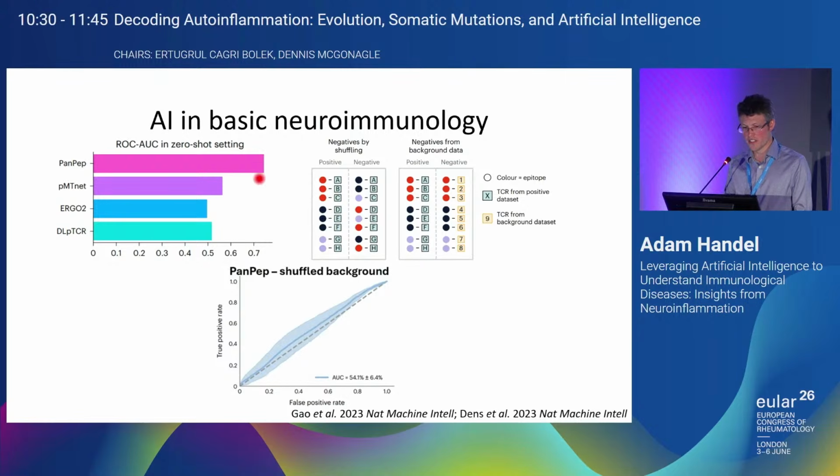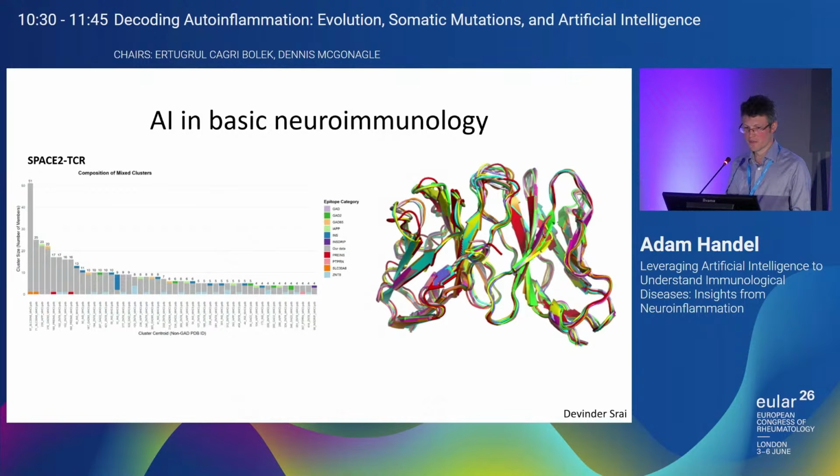And when you take this quite good accuracy here and shuffle the background in this way, it falls basically to chance again, which is unfortunate. We've used some non-supervised clustering. So you can see here, this uses a sort of AlphaFold 2 prediction of TCR shape and clusters with a load of TCRs from patients with GAD, antibody-associated neurological problems.